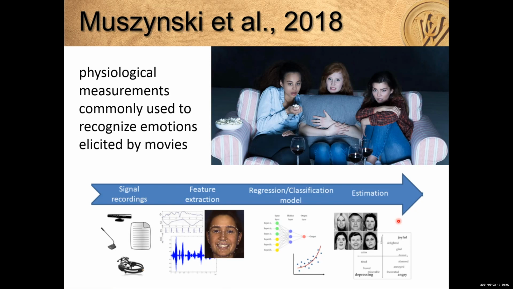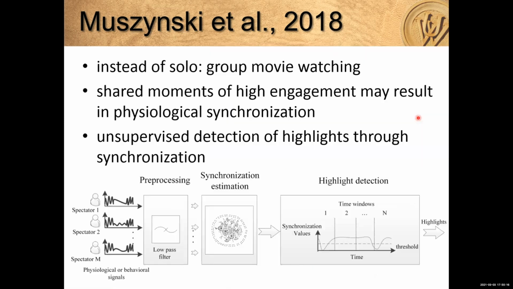Now, if we move on from solo to group movie watching, then we could just get physiological measurements of everyone as they watch a movie simultaneously. And we would say, if we get everybody simultaneously experiencing high engagement, they may synchronize their physiological responses at that time.